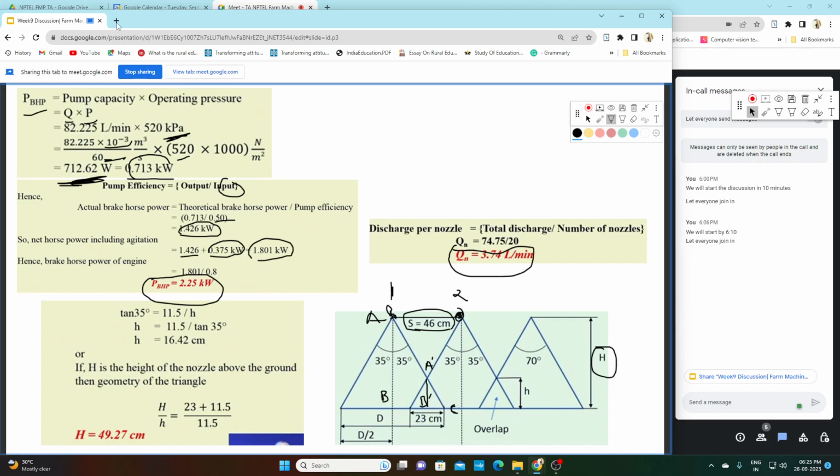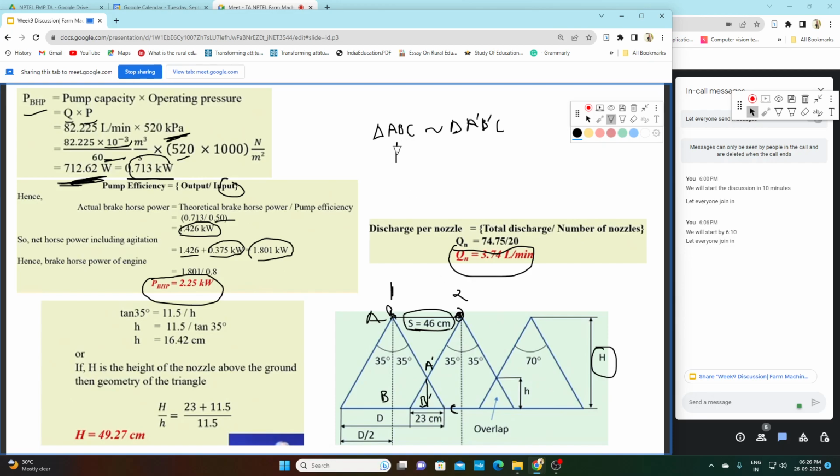Triangle ABC is similar to triangle A dash B dash C. These two triangles are similar to each other. As they are similar, this side is capital H, and this side is small h.